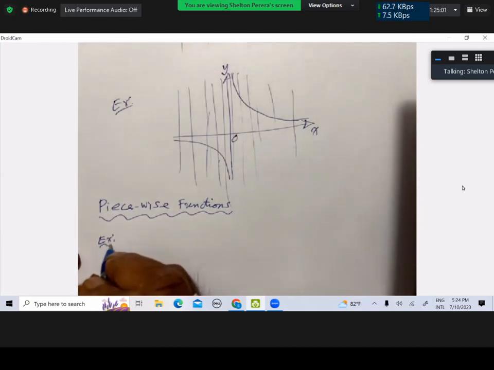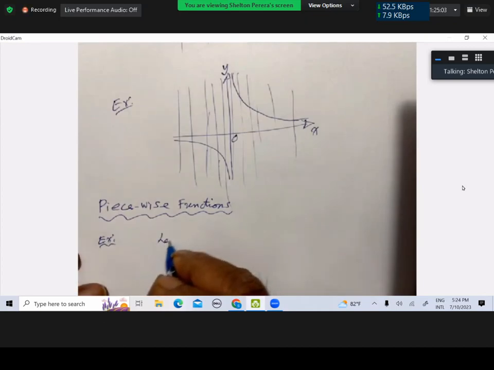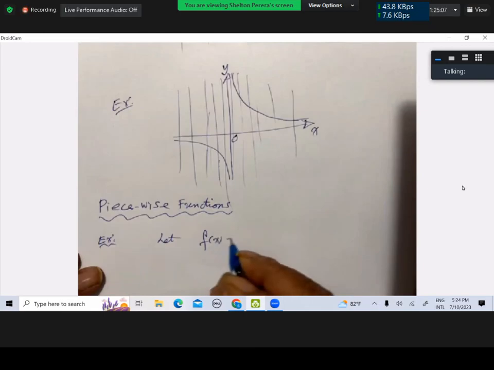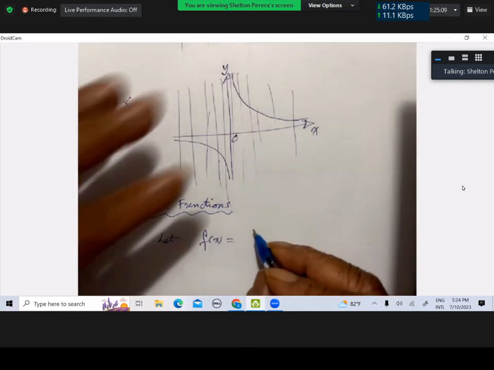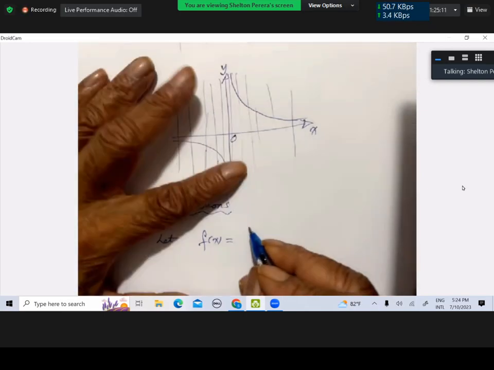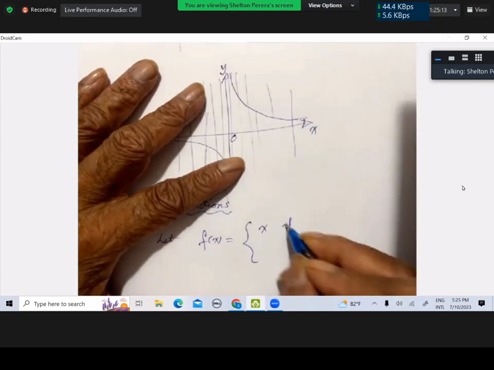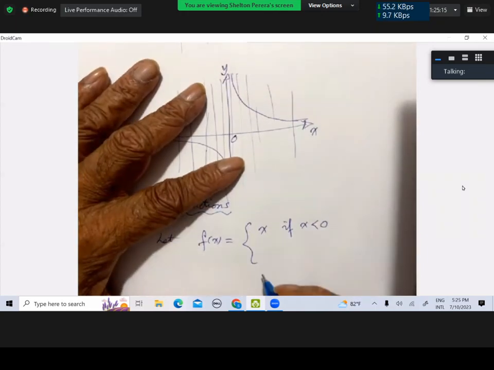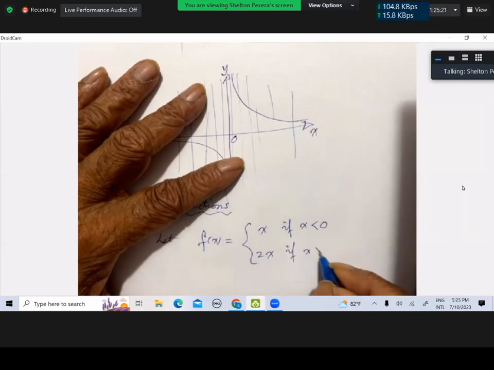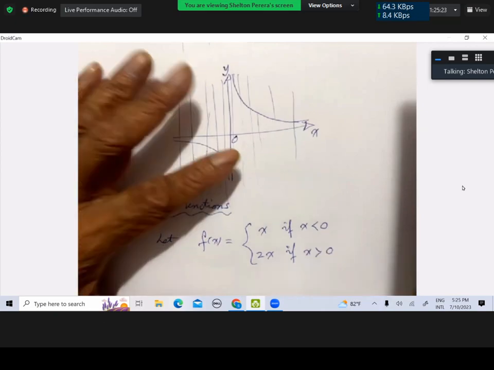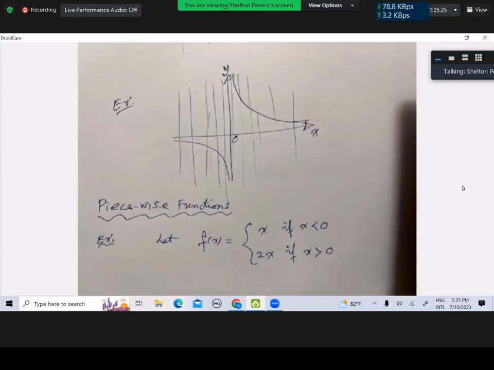Let f of x be x if x is less than 0, and 2x if x is greater than 0. What is the domain of this function?